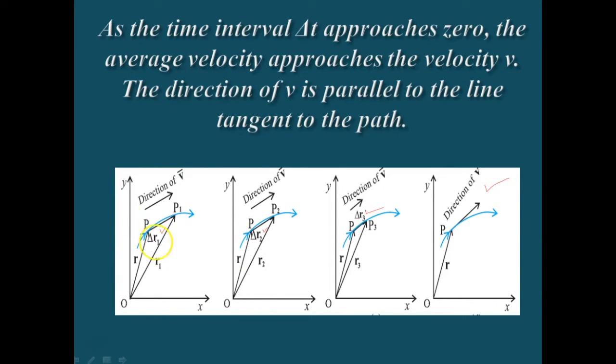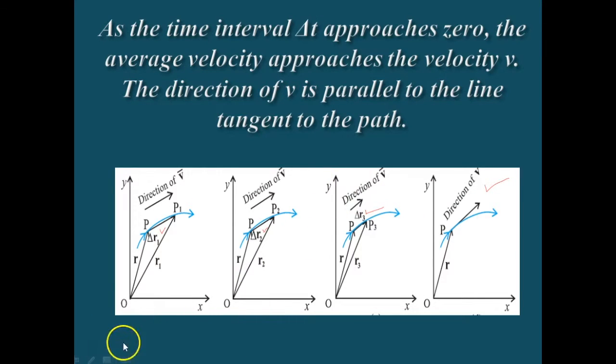First we take delta t1, and slowly we decrease the value of delta t. Then we consider delta t2, and then delta t3. We again reduce the value of delta t, and delta t approaches 0 in the fourth figure, and then the direction of the average velocity becomes equal to the velocity v, and the direction of v is tangent to the path. So this is the velocity.